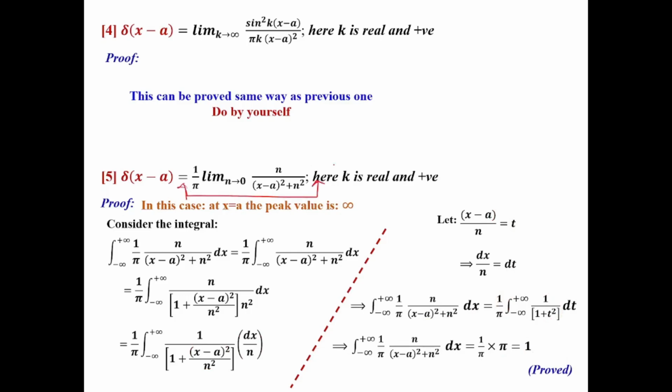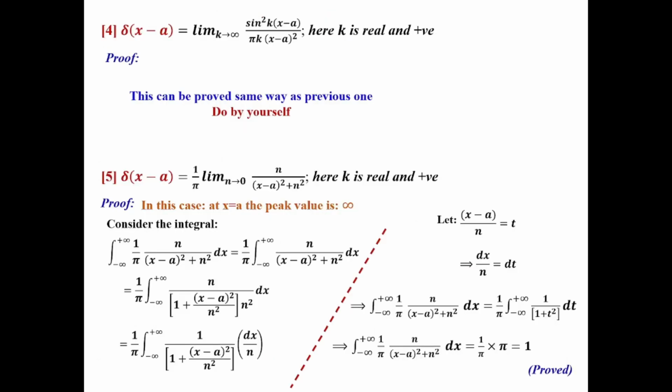Okay, as I told, suppose it exists at x equal to 0, that means for delta x we have to write 1 by pi limit n tends to 0 n by x square plus n square. Keep these things in your mind, because sometimes in your exam it is asked that you have to prove that n by x square plus n square is the representation of the delta function.